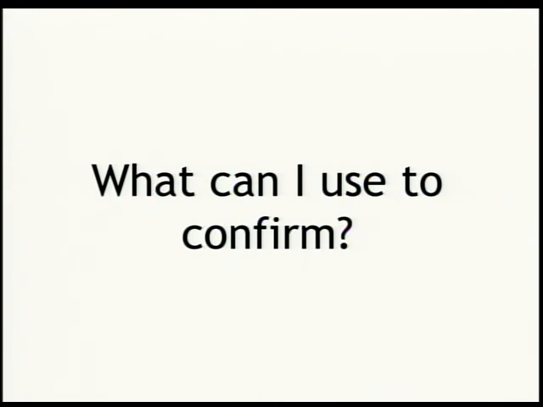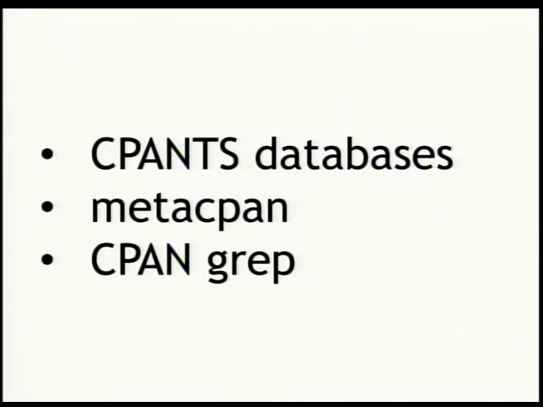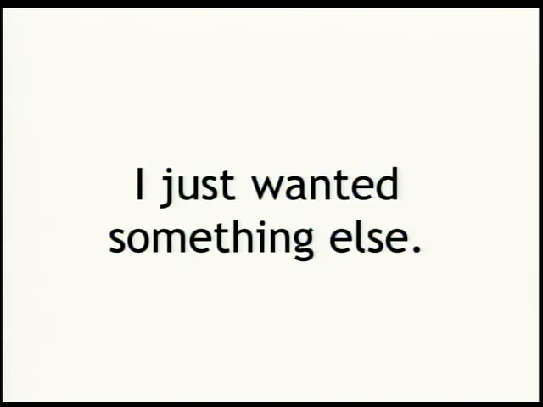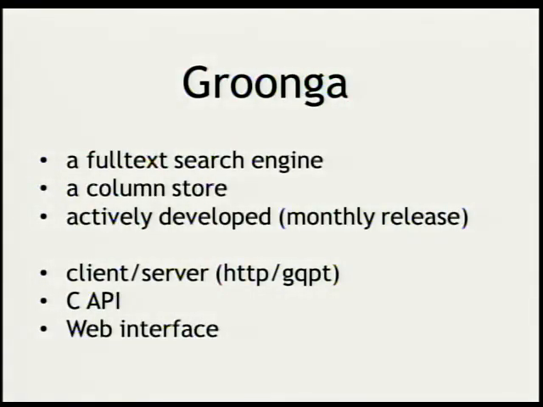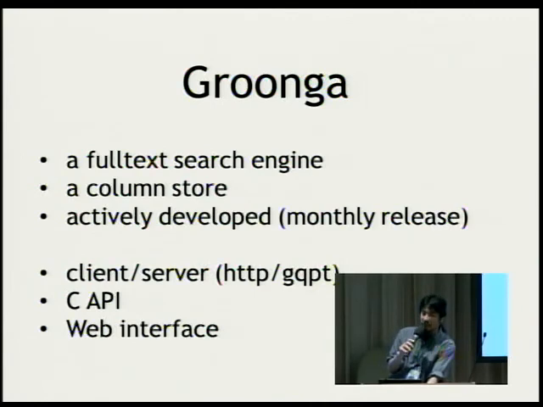And what can I use to confirm? There are a few tools for me, at least, but I just wanted something else. So I chose Groonga to create something for me. Groonga is a full-text search engine and a column store, actively developed and awarded this year.